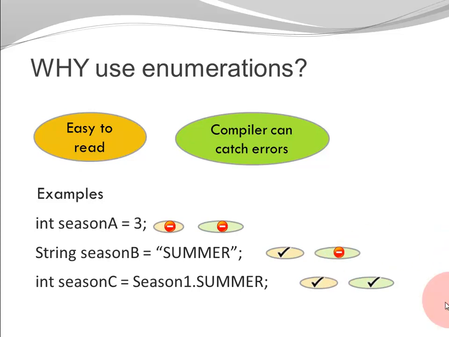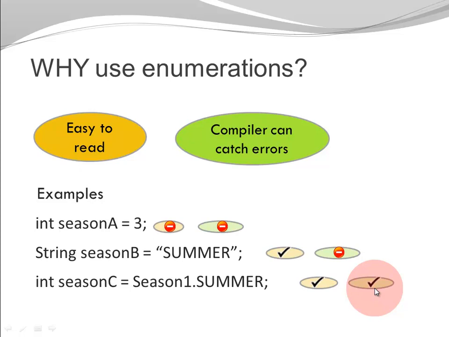Yet another possibility. I could use Season1, my quote-unquote regular class, with my static final fields and access SUMMER on Season1. Now in this case, this is easy to read because I'm saying summer right here, which makes it very clear what season I have in mind. Also, the compiler can catch my errors.